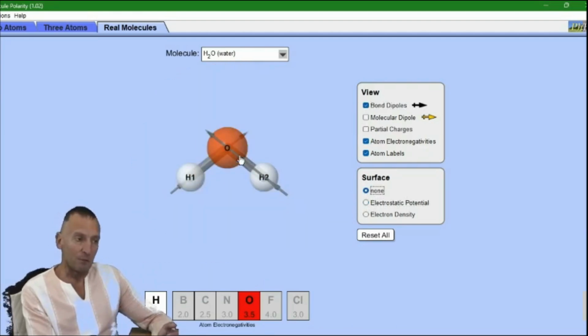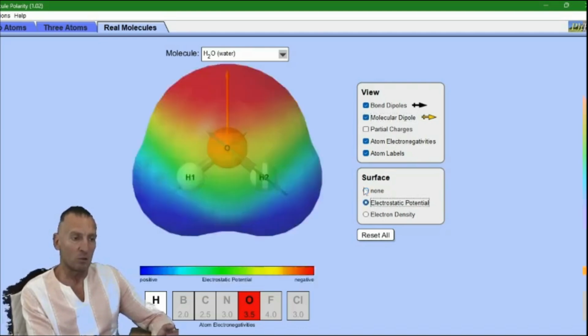There is a positive that goes to the negative, and there is a positive that goes to the negative, and this is why we've got these two forces, and because of that we've got the dipole pointing in that direction. Electrostatic potential is there. More of the negative part is there and the positive part is there. It's a very polar molecule. Now you've got 3.5 for oxygen and the hydrogen is 2.1, so the difference is 1.4.